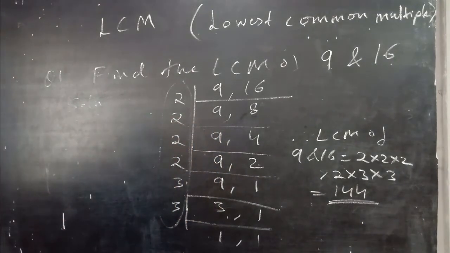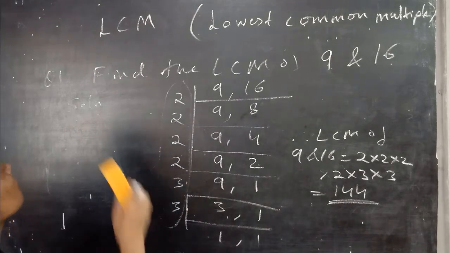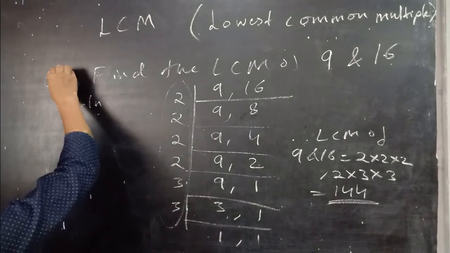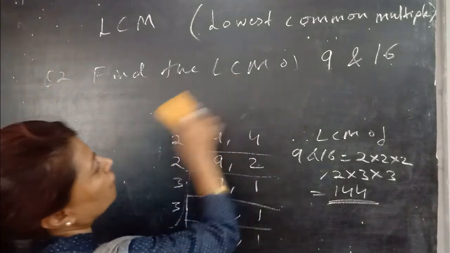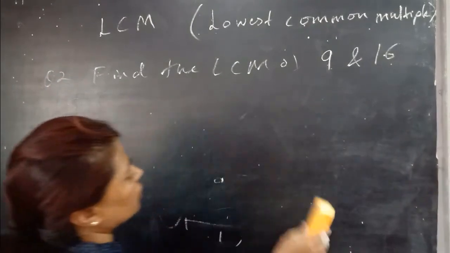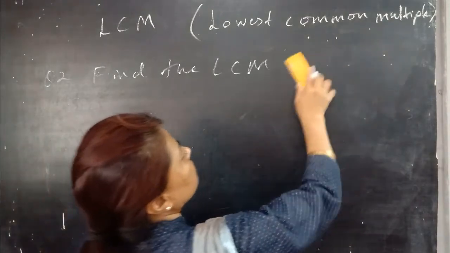This way, student, you can find the LCM. Let us take one more example. In this example, I have selected 3 numbers: 20, 25 and 30. Find the LCM of 20, 25 and 30.